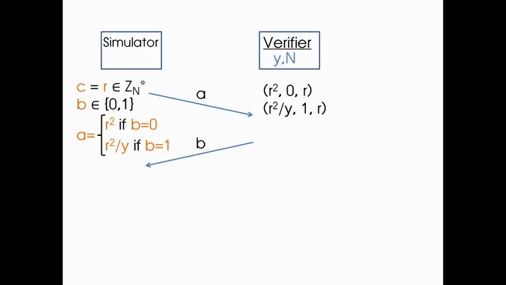So the first thing to notice is that in transcripts of the form r squared, 0, r, meaning the verifier sends the challenge bit b equals 0, the distribution is identical to the distribution in the real proof between the prover and the verifier. In the case where the simulator sends r squared divided by y to the verifier, that's different from what the prover would have sent. The prover always sends r squared, but there's no difference really between r squared and r squared divided by y.